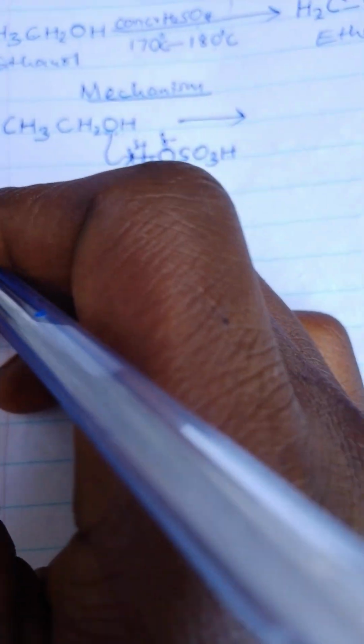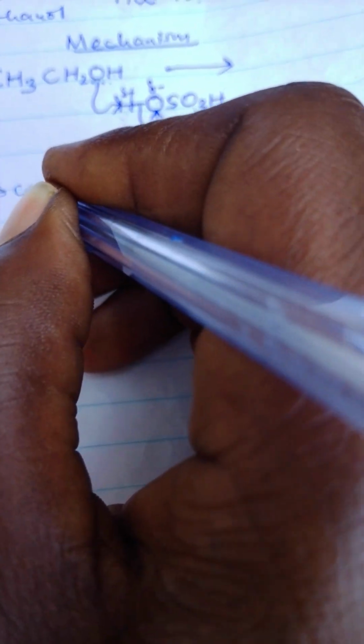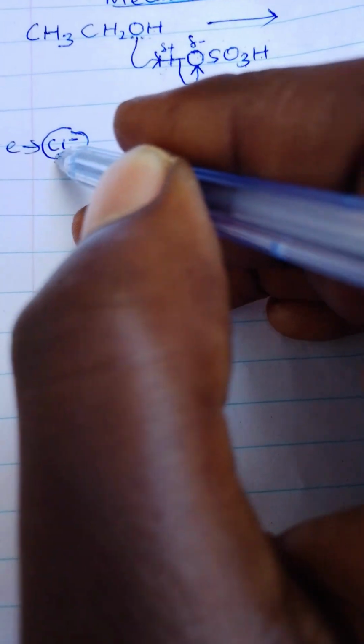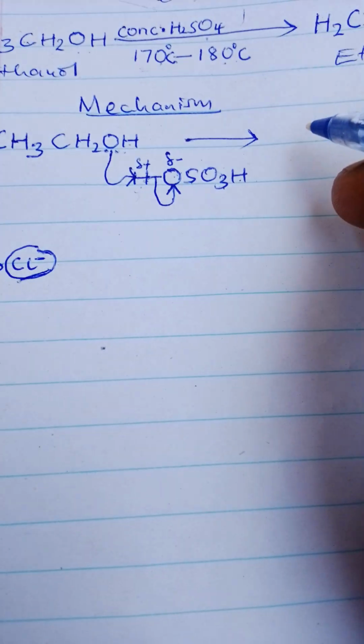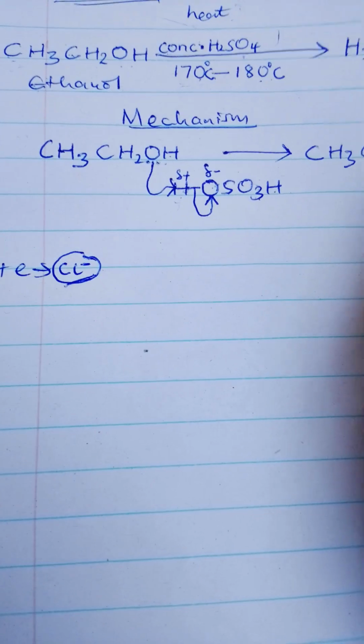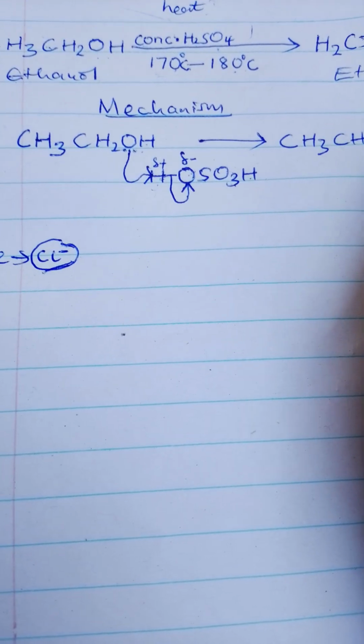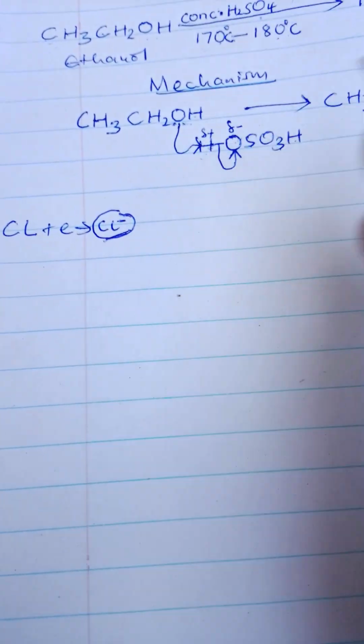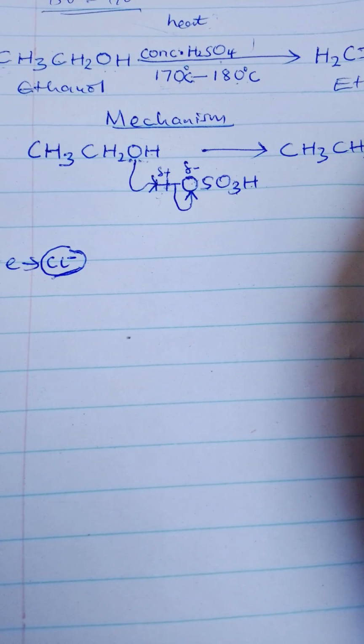For example, if I have a chlorine atom and I add an electron, I'm going to form chloride. This species is electron rich. In other words, it is a nucleophile. An electron rich species is represented by a negative. So here I'm going to form CH3, CH2, oxygen. Because we have used lone pairs of electrons, it has donated it. This oxygen now becomes deficient.